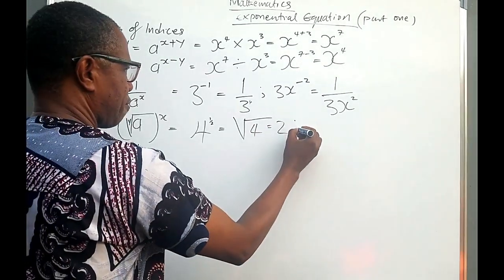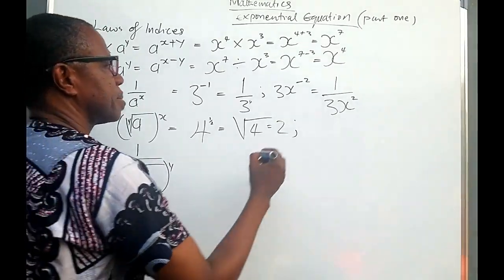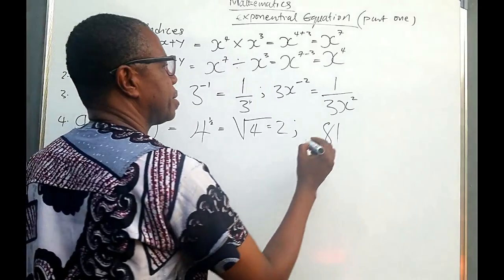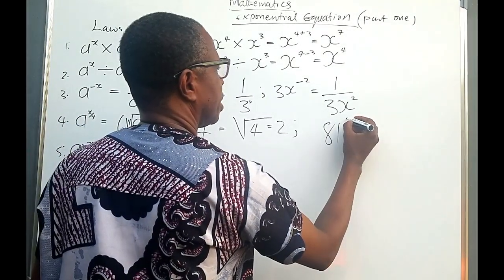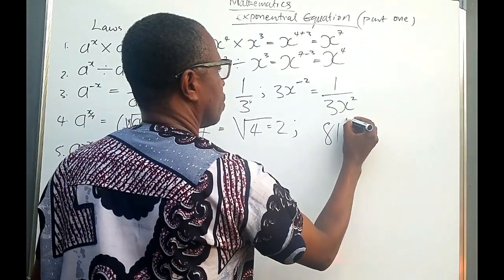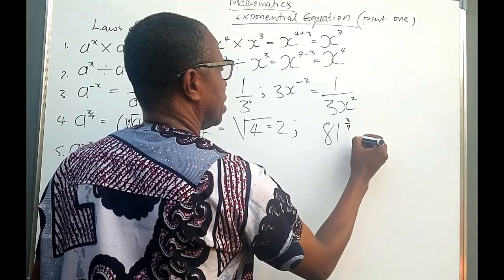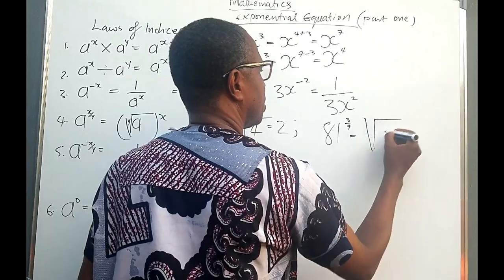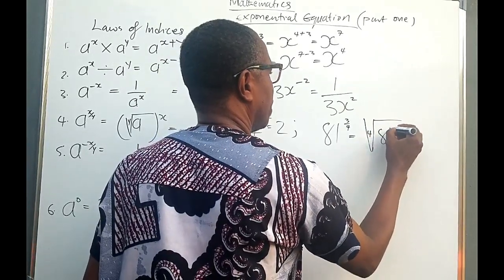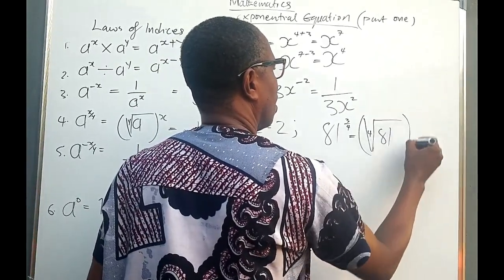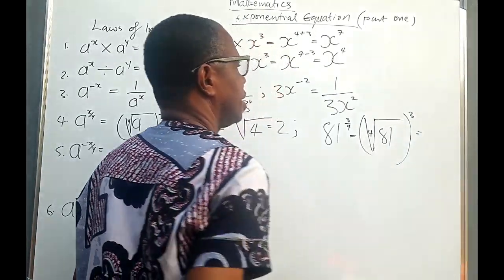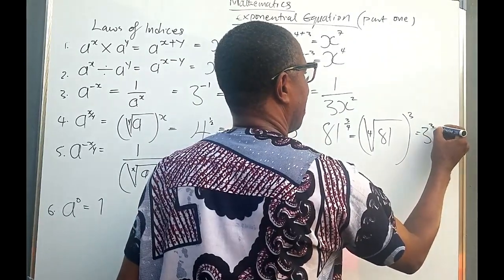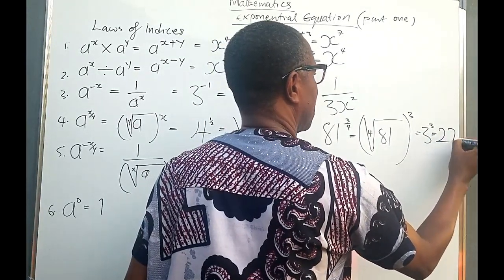But if you have something like 81 raised to the power, let's say, 3 over 4, it is the same as the 4th root of 81 all raised to the power 3, which is actually 3 raised to the power 3, and that will give you 27.